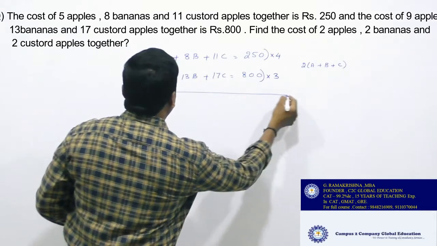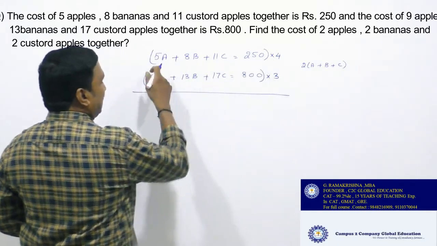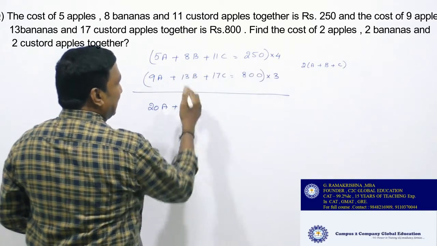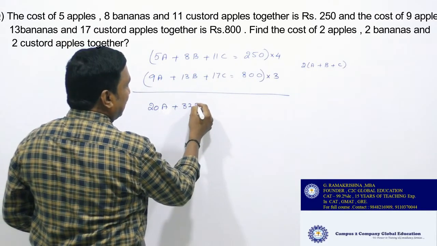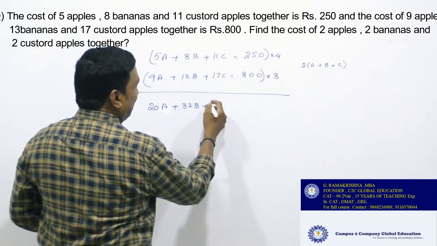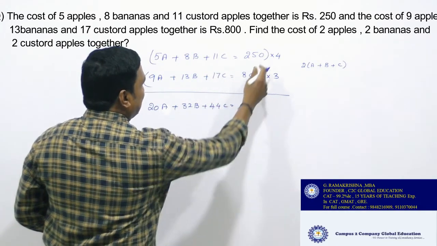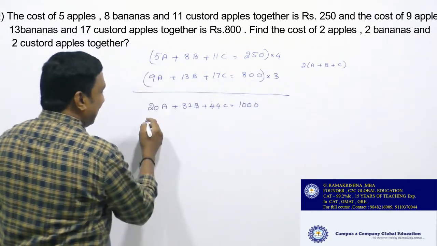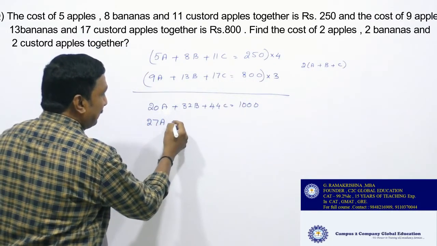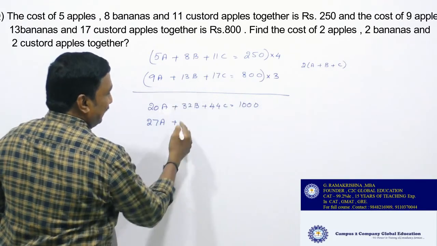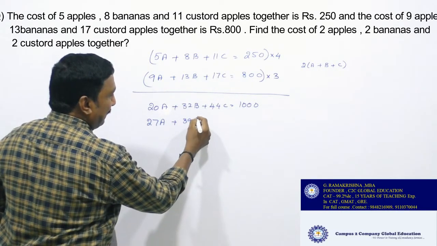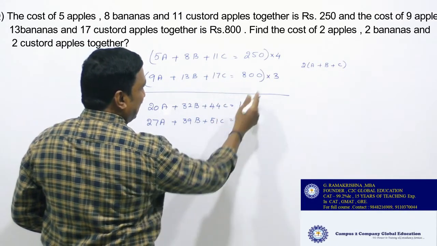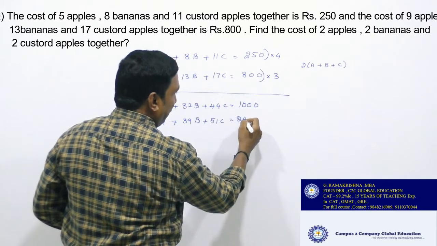So I am rewriting the equations. 4 5s are 20a, 4 8s are 32b, 4 11s are 44c is equal to 4 into 250, which is 1000. Similarly 3 9s are 27a plus 3 13s are 39b plus 3 17s are 51c, equal to 3 into 800, which is 2400.